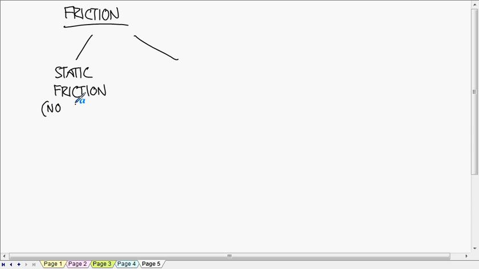That's when there's no sliding. And when there is sliding, it's called kinetic friction.